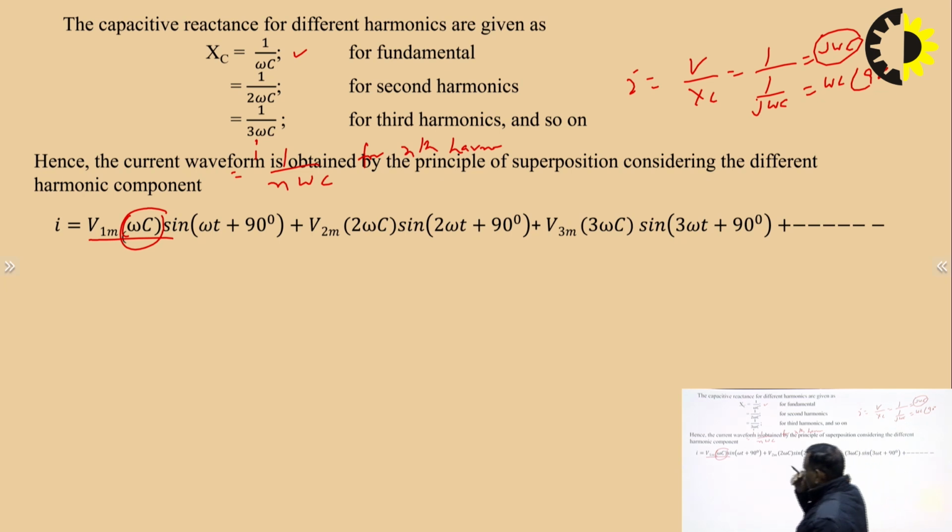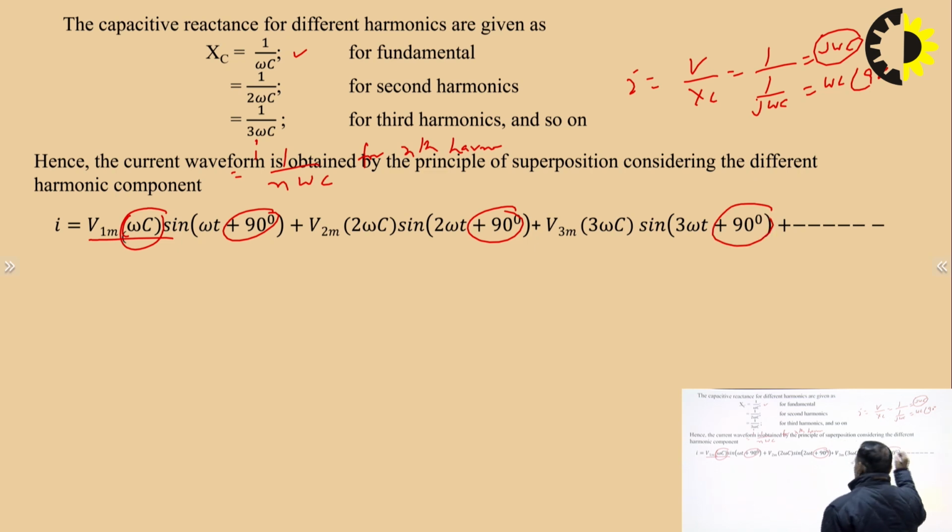So we can see that here it is coming plus 90 degree. So in the case of the capacitive circuit, we are getting the plus 90 degree, whereas in the case of the inductive circuit it is the minus 90 degree.